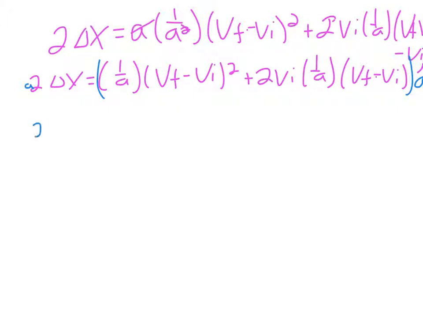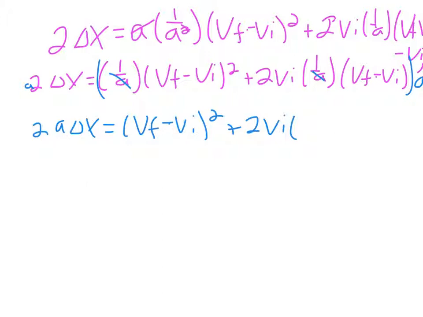So now we get 2a delta x on the left equaling, the a's cancel, (v final minus v initial) squared plus 2 v initial (v final minus v initial). No fractions is going to be a lot easier to work with now. 2a delta x equals, I'm going to FOIL (v final minus v initial) squared.